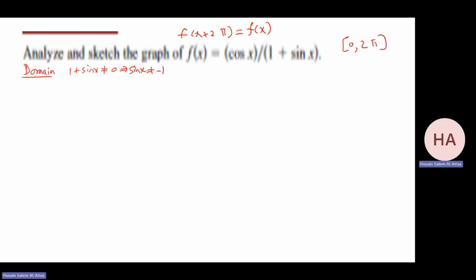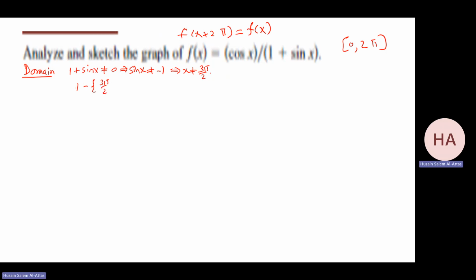Okay. So when sine x equals -1, that means the x I need to avoid is 3 pi over 2. So the domain is R minus 3 pi over 2.